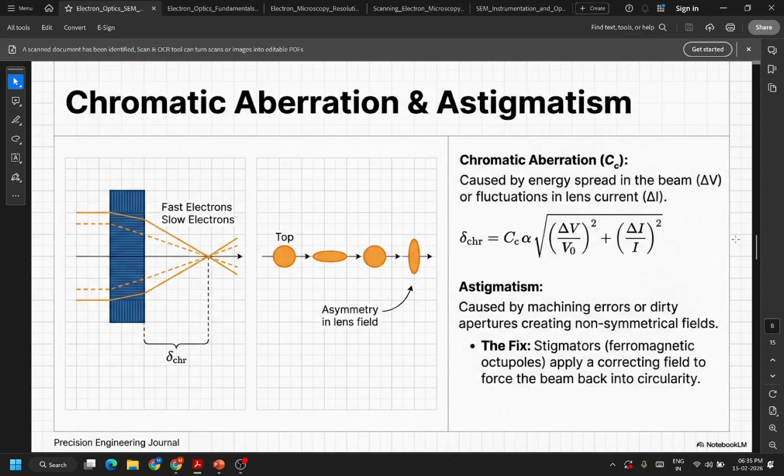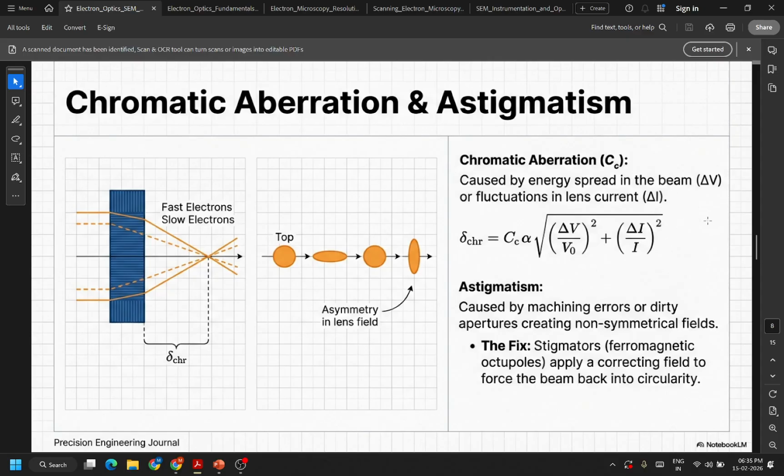And momentum is calculated from your energy. So the energy spread in the beam will cause a difference in wavelengths of your electrons, and that will cause your chromatic aberration.